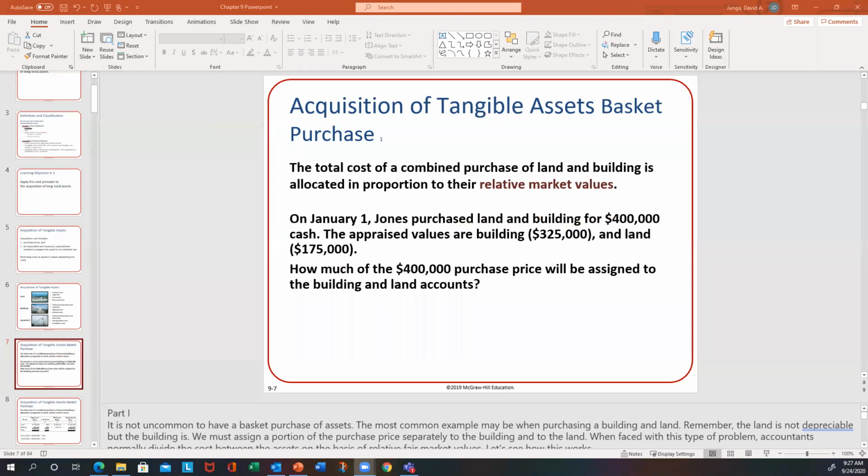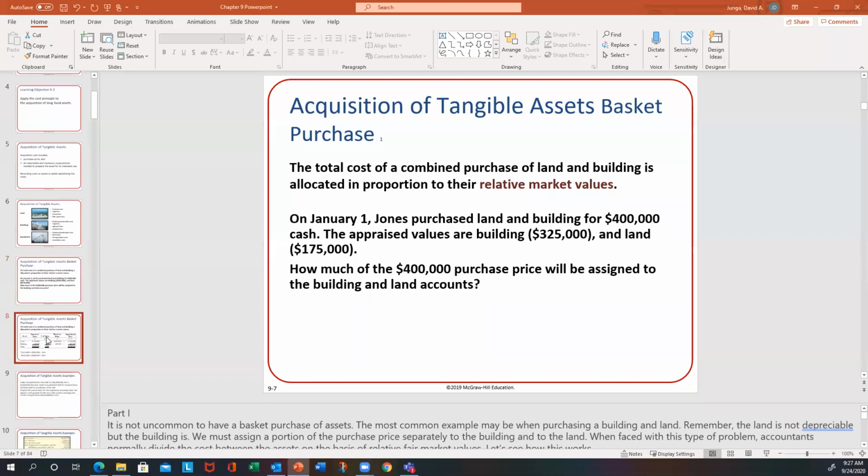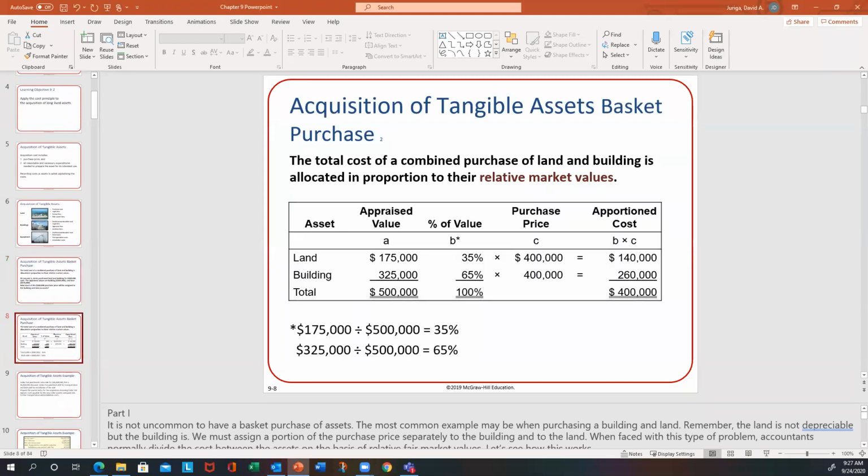So what you do then, on the next slide, is you just simply take a ratio of the fair value. So you've got land and building, total is 500,000. So the relative value of land to the total is 175 divided by 500, which is 35%. And for the building, it'd be 325 over 500, which is 65%.